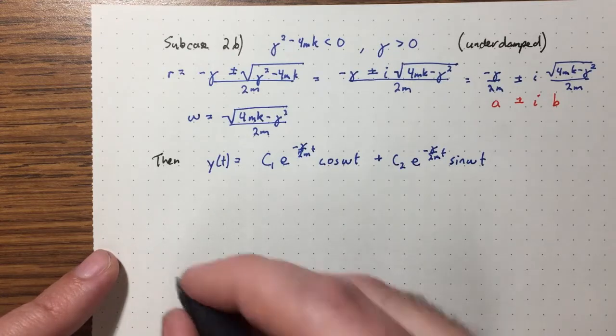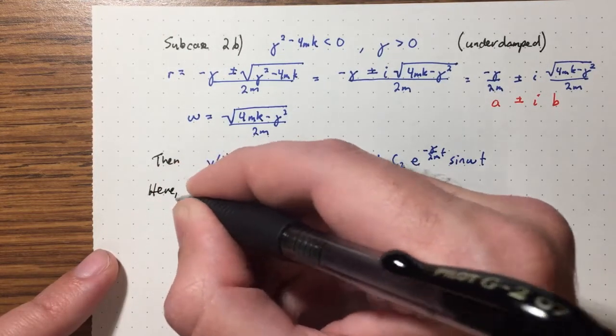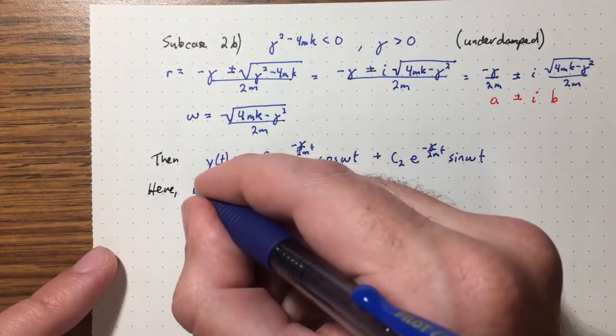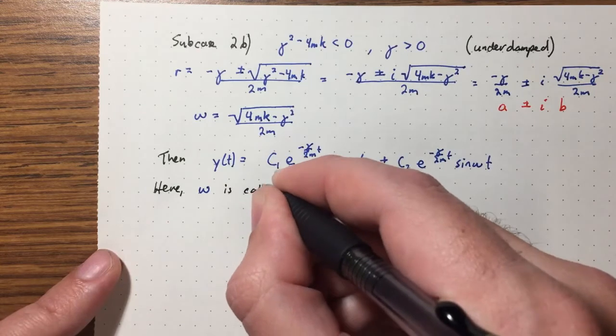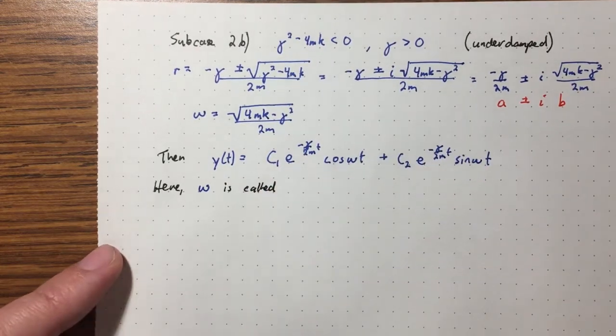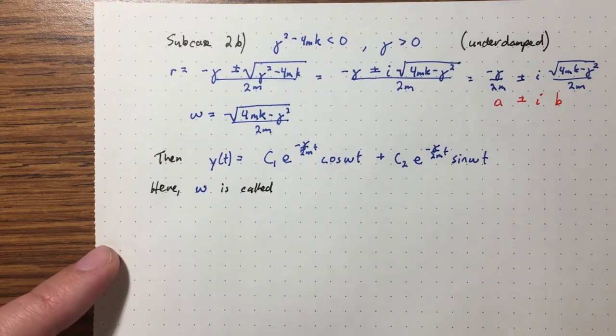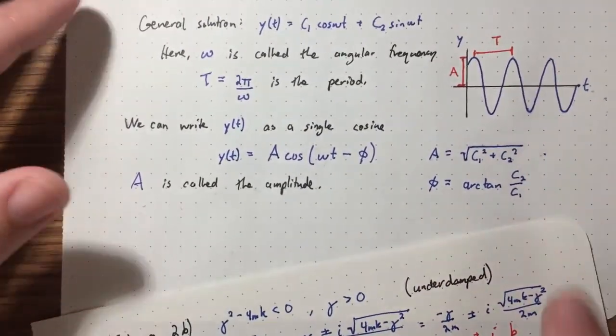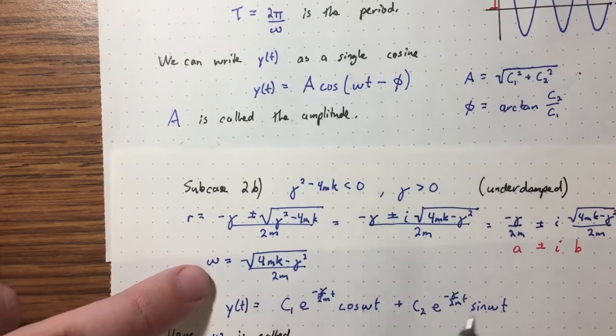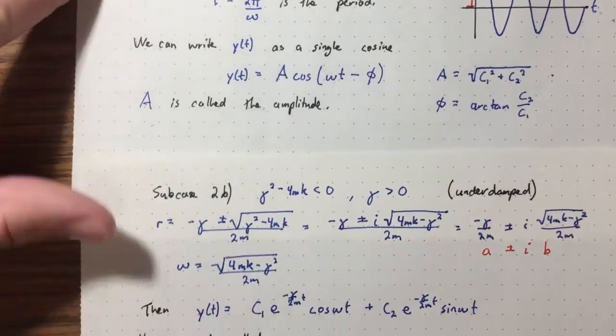And here, we can guess what omega is going to be called. We'd like to call it the frequency again, or the angular frequency, but we don't want to confuse it with this case, right? Because it really is a different formula, and we have different behavior.